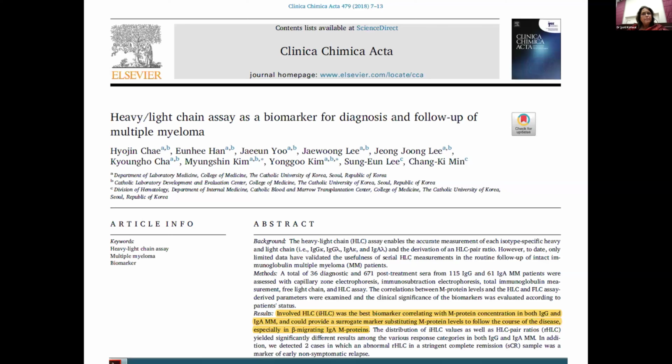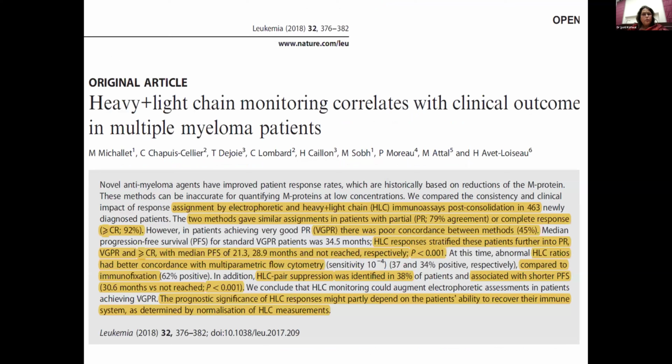Next slide. Especially in patients with IgA myelomas, you may get an IgA M band in the beta region, but the beta region has a hump, and in monitoring response, you may miss the band. So that is why heavy light chain has become very, very important.